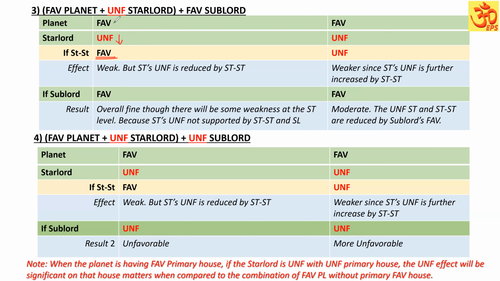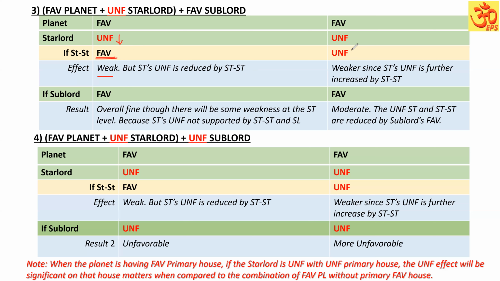The planet's favorable strength is reduced by the star lord, so automatically it is weakening. But because the star lord of the star lord is favorable, the star lord's unfavorable strength is reduced, that you have to keep in mind.